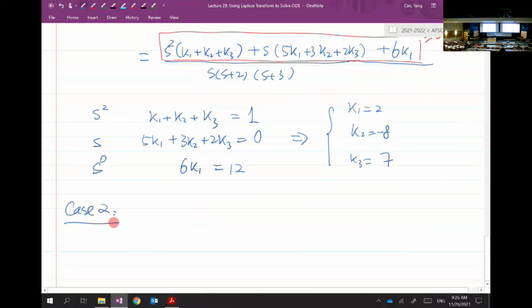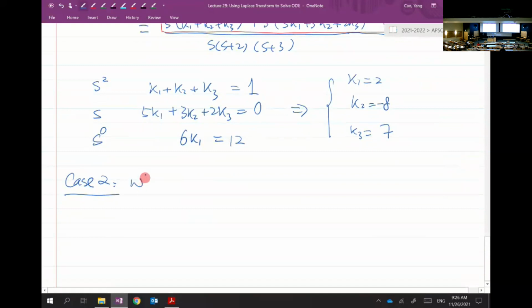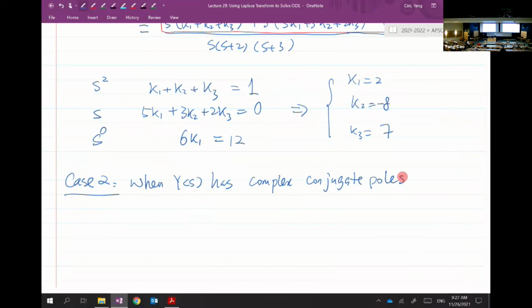Okay. So case number 2 is when Y of s has complex conjugate poles. Complex conjugate poles. So let me show you one example here.